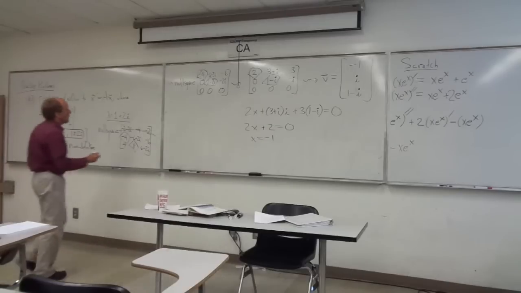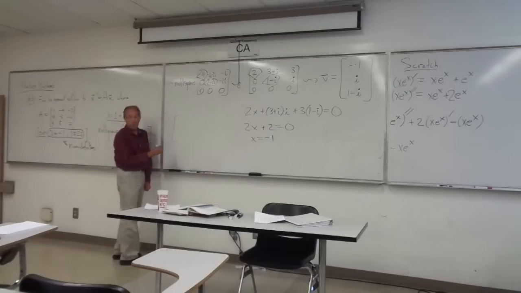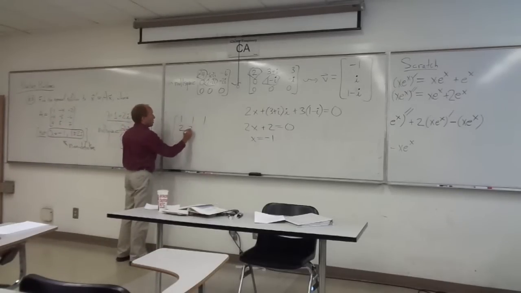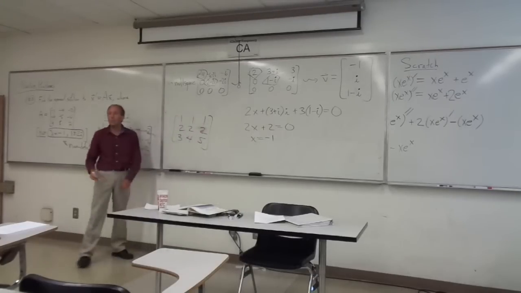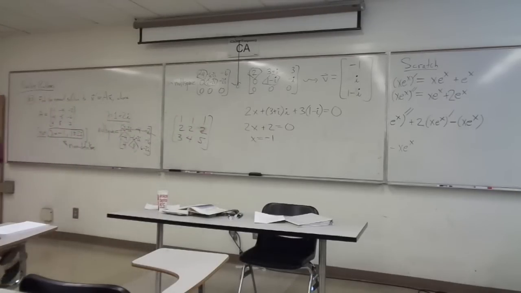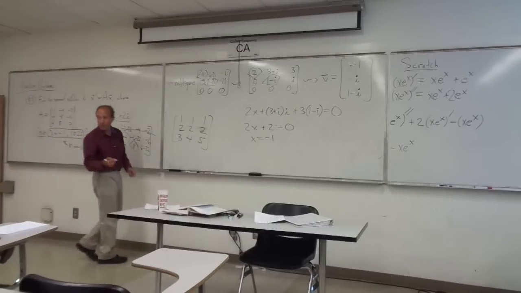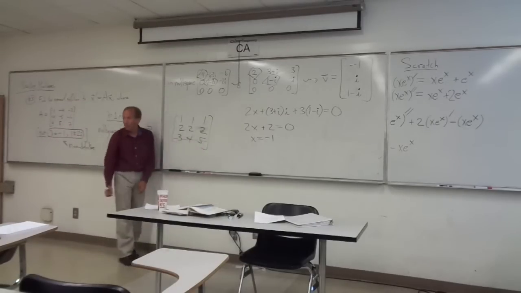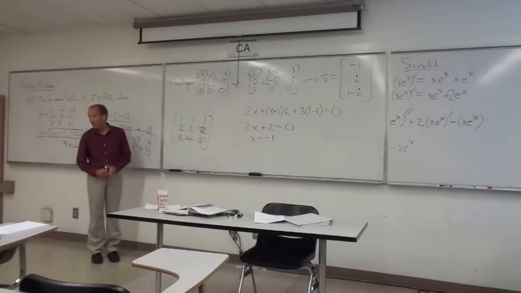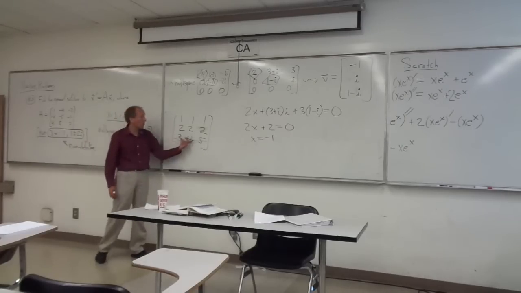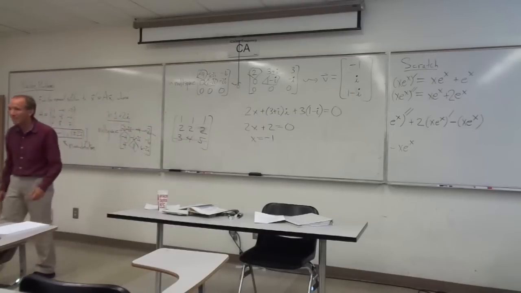Well, let me give you an example that's a little more obvious. Suppose that I had this matrix here. I know that these rows are linearly dependent, and I want to cross off a row. And let's suppose that I said, I'm going to cross off this row. Would that have been a good choice? No, because this row is actually not causing the linear dependency.